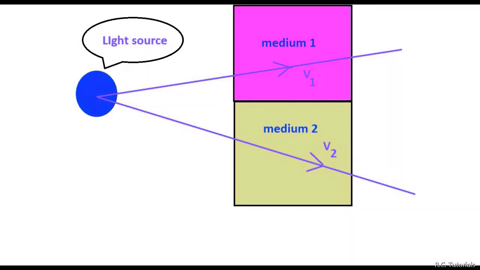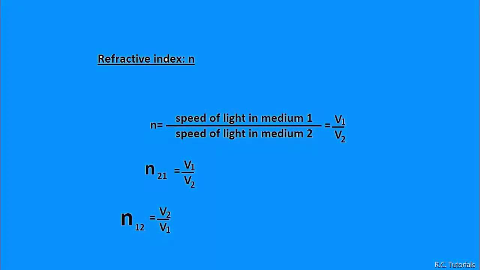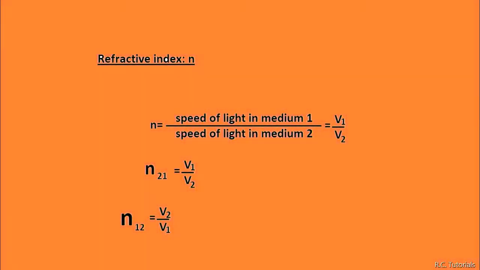Let v1 and v2 be the speed of light in the two different media. Then the refractive index is given by n21 equal to v1 by v2, where n21 is the refractive index of medium 2 with respect to medium 1. If we write n12, this means the refractive index of medium 1 with respect to medium 2.